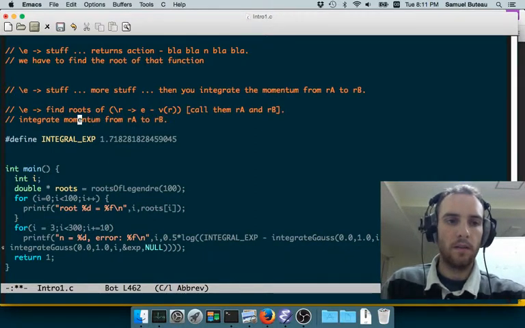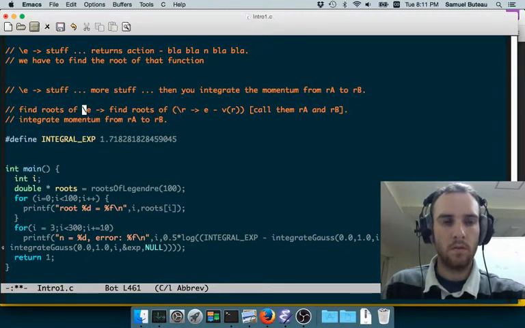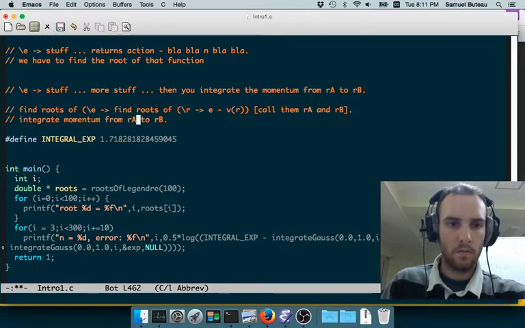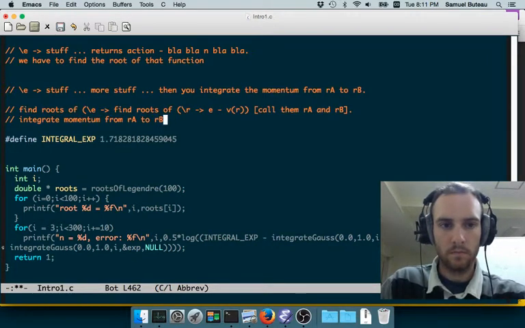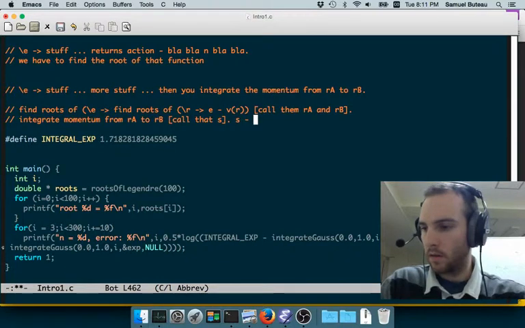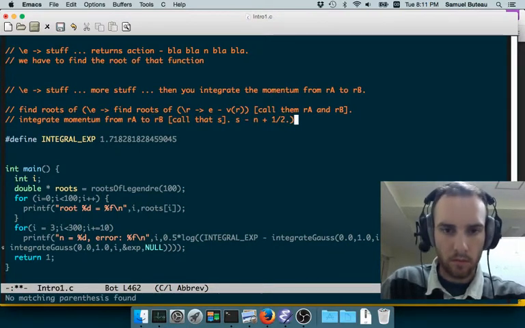And basically you have to find roots of the action minus n plus 1/2 or something, right? Then you have to find the roots of that.